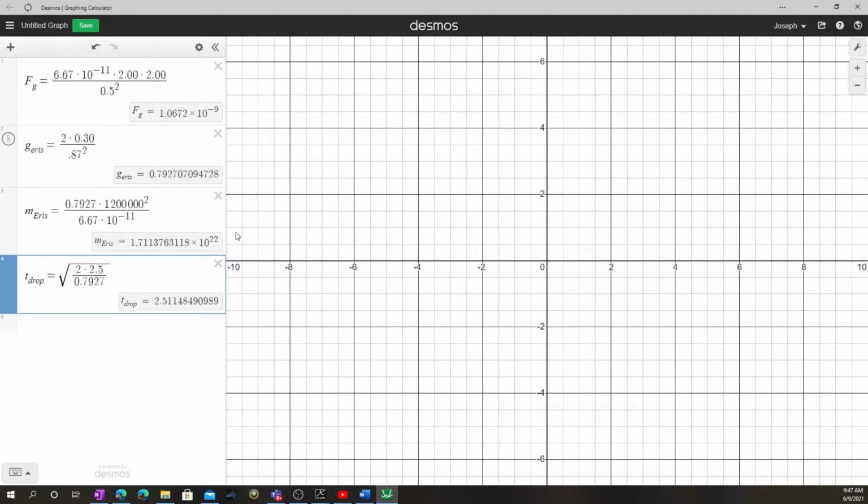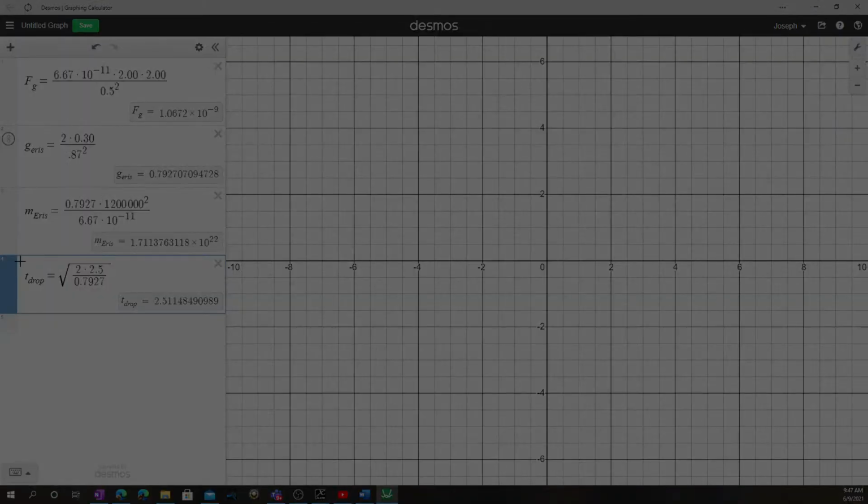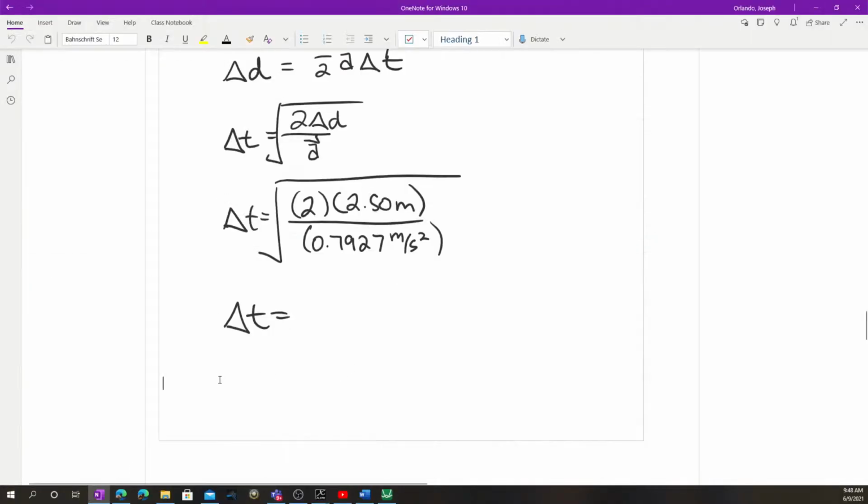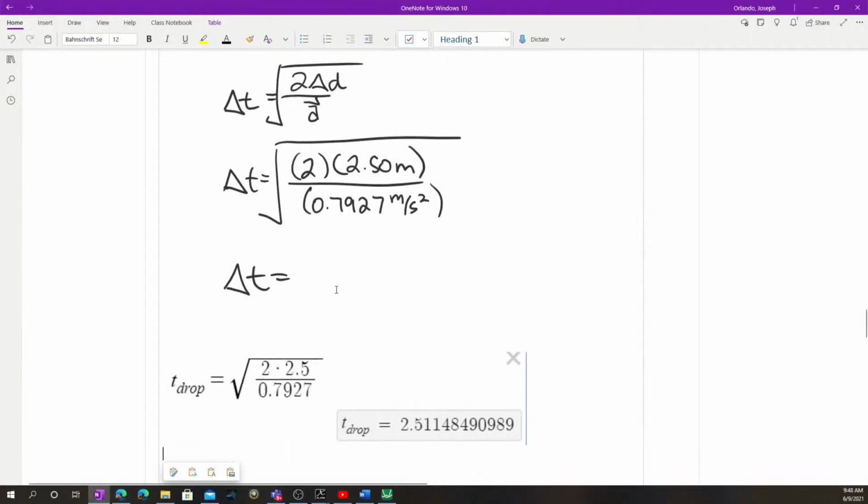And we're going to get 2.511. So 2.51 seconds. Nice. All right. And we're in 2 sig fig land, so 2.5 seconds. There we go. That's that question done.